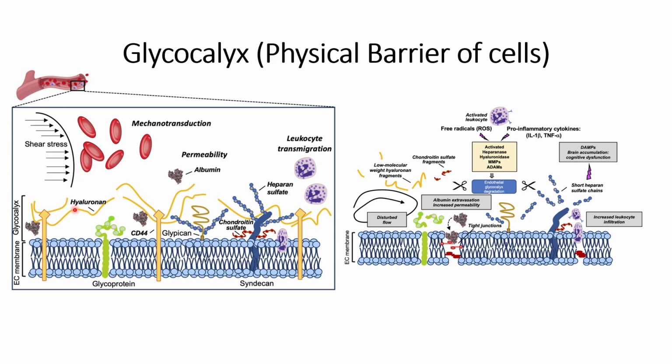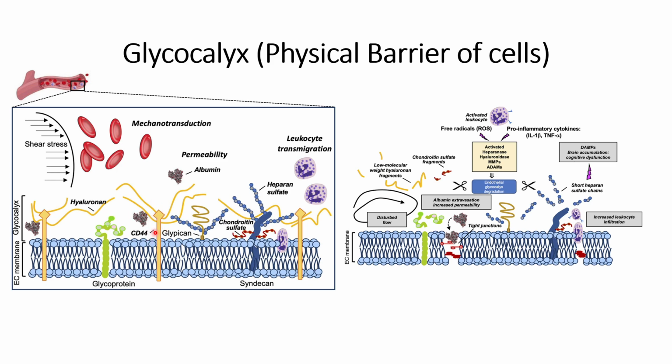So some of the components present in the glycocalyx are glycoproteins and hyaluron, which we have discussed in our last videos, the freely available glycans in the extracellular matrix, and it also contains GAG.